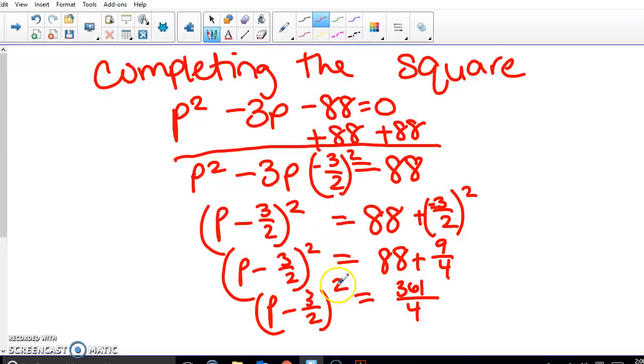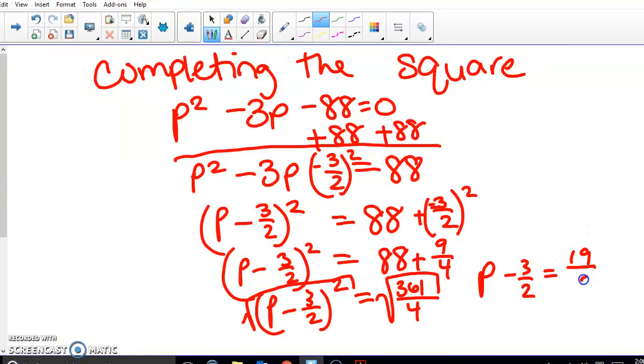Now we're going to solve for p, so to undo the square, we're going to square root both sides. So we have p minus 3 over 2 equals the square root of 361, which is 19 over 2. That is going to be a plus or minus, because when we square root, we get both. And then we're going to add 3 over 2 to both sides.